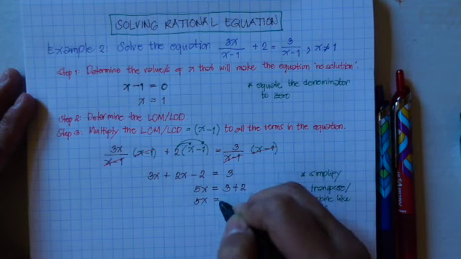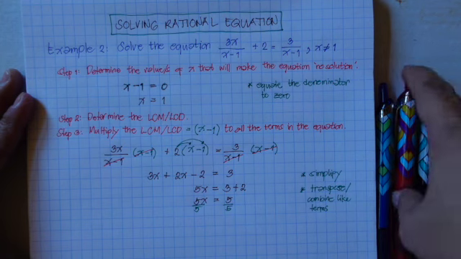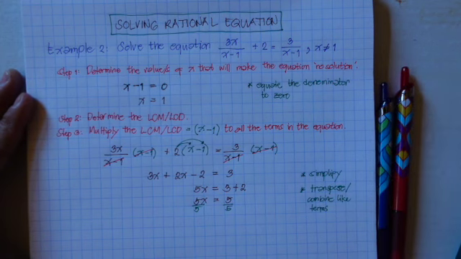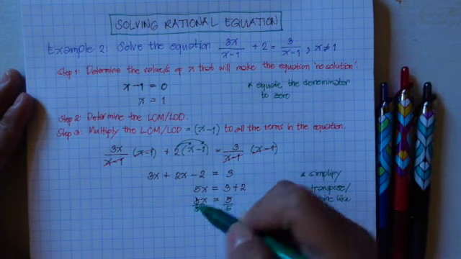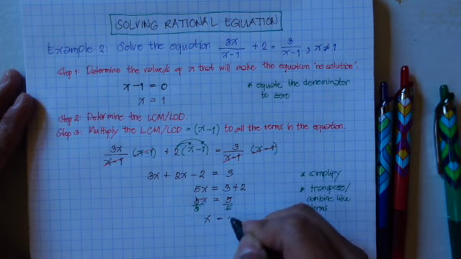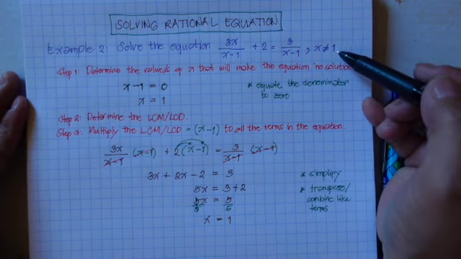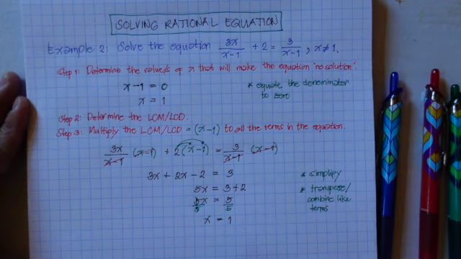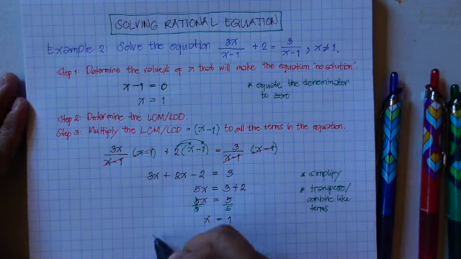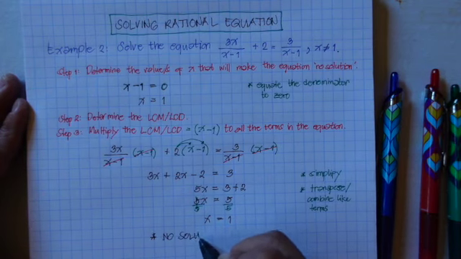As we continue, divide each side of the equation by 5. And that gives us just 1x, or x equal to 1. Here's the catch. If we go back to the condition, it says that x shouldn't be equal to 1. What we got here is equal to 1. It says that this equation has no solution.